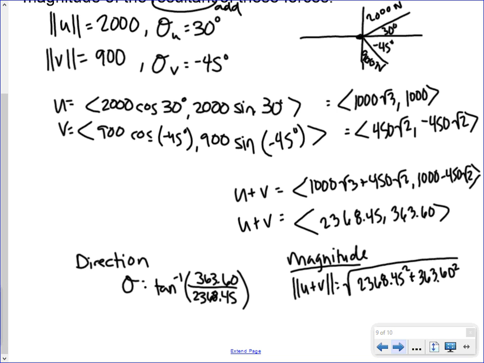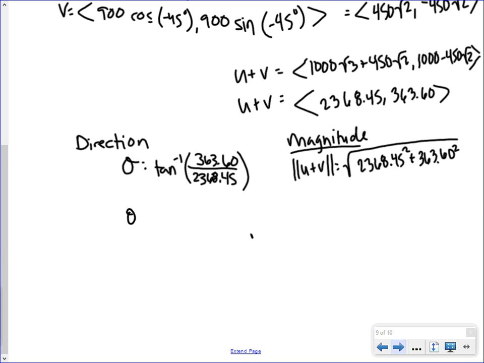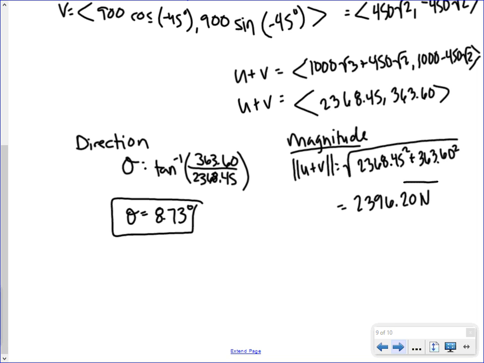So you're doing a lot in one problem. If you type this into your calculator, just so that we get an answer here, you should get 8.73 degrees for the direction angle. And the magnitude should be 2,396.20 newtons is what I get.